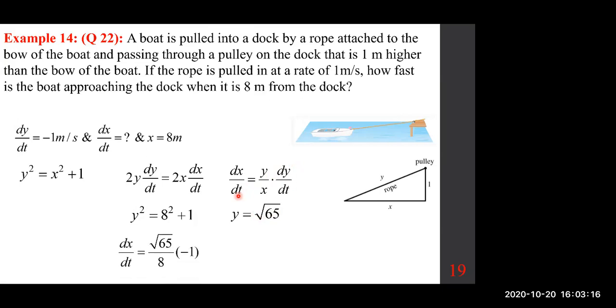So dx/dt is y over x, or square root of 65 over 8 times negative 1, and you can approximate it now, and you get negative 1.01 meters per second. Because this is only 1 meter long, it's fairly small, they're almost moving at the same speed. Okay, class, they're moving almost at the same speed.